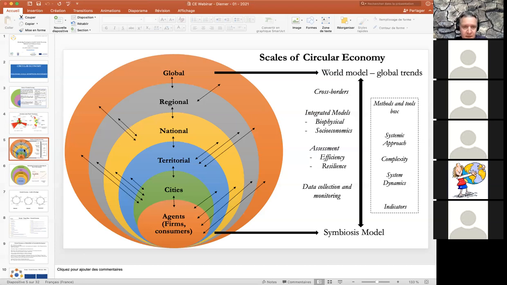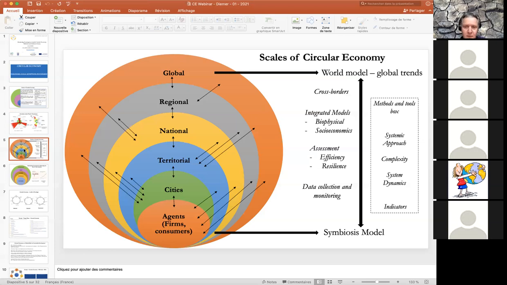I believe today that the big issue is to reconnect two kinds of models, the biophysical one and the socioeconomic one. For those who have ever worked on biophysical models, it's a very hard time. Very complex details, because you have to understand, even when you use raw materials, what happens in the process, how you extract, what quantity you extract, and the consequence, for example, on CO2 emission when you extract raw materials.